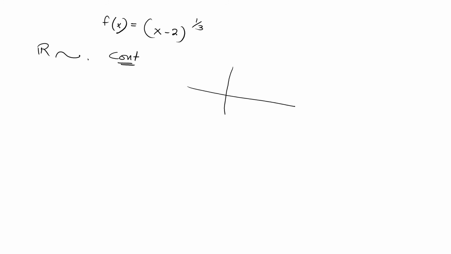Now, one more example. If we have, for example, f of x equals x minus 2 to the power 1 over 3. Again, the function is continuous in the closed interval because its domain is all real numbers. But if you graph it, you will see a graph like that.